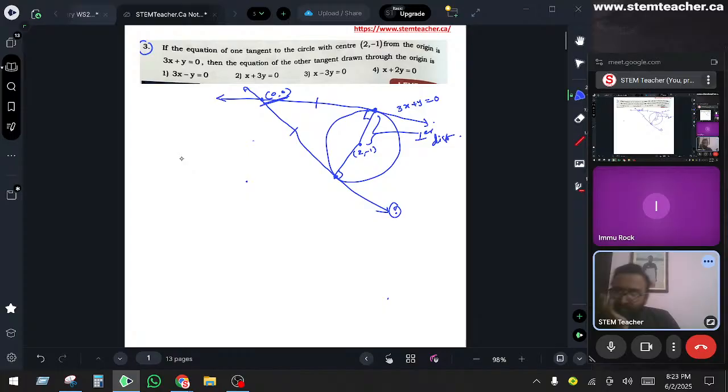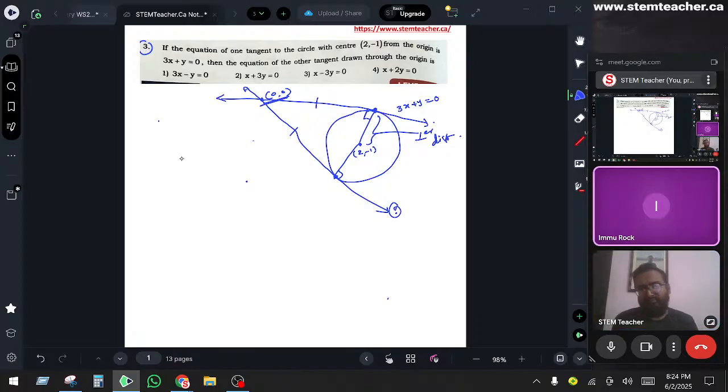For example, in the first case, 3x minus y. Can you get the solution? Other equation.